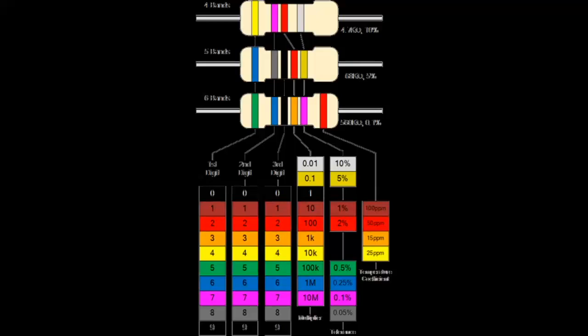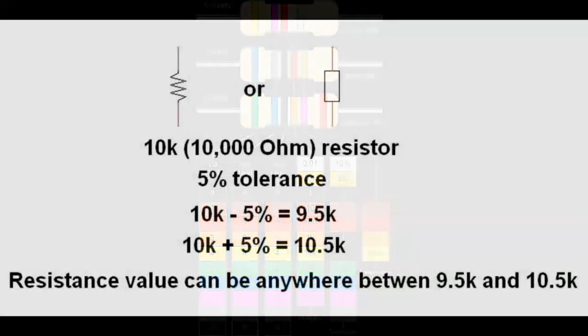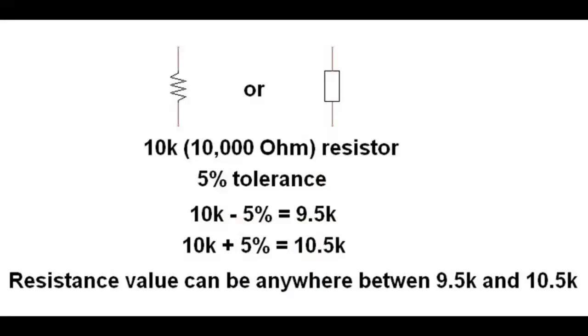As an example, a 10k resistor sold as 5% tolerance will have a resistance value of anywhere between 10k minus 5%, which equals 9.5k, and 10k plus 5%, which equals 10.5k. So its resistance value can be anywhere between 9.5k and 10.5k, which in most cases will not make any noticeable difference to a project.